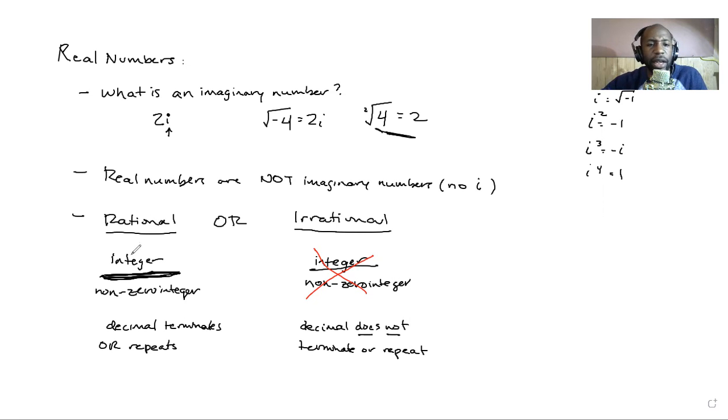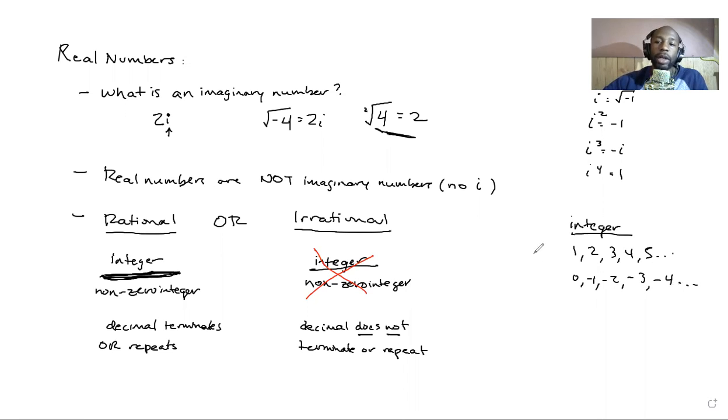Oh yeah, I forgot. Let's define what an integer is. An integer is really just a whole number. So that could be 1, 2, 3, 4, 5, and so on, or 0, -1, -2, -3, -4. Any whole number is an integer.